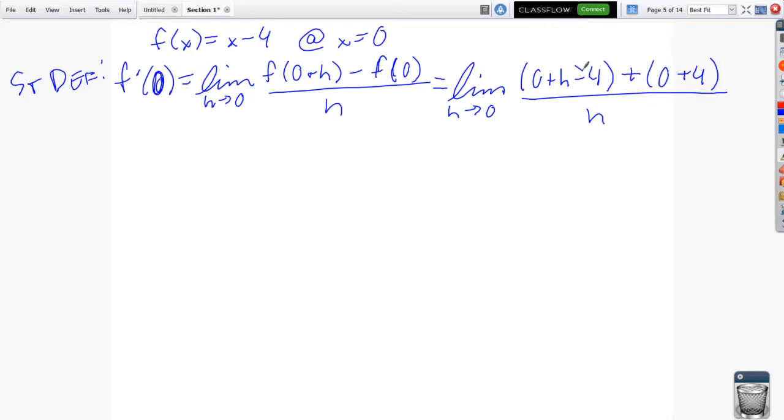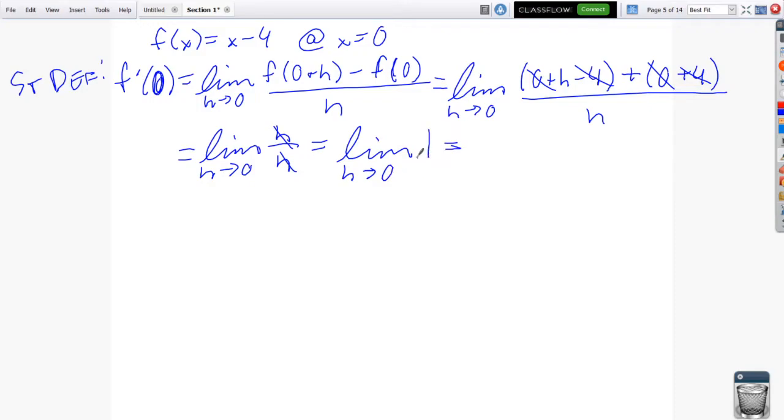Minus 4 plus 4, those cross off. Zeros, we really don't even acknowledge their existence. We're left with the limit as h approaches 0 of h over h. This can't be right. H over h, the h's cancel. We're left with the limit as h approaches 0 of 1. Okay, it's a constant, so the constant is the limit. It's just 1. Would you guys like the cheat now?